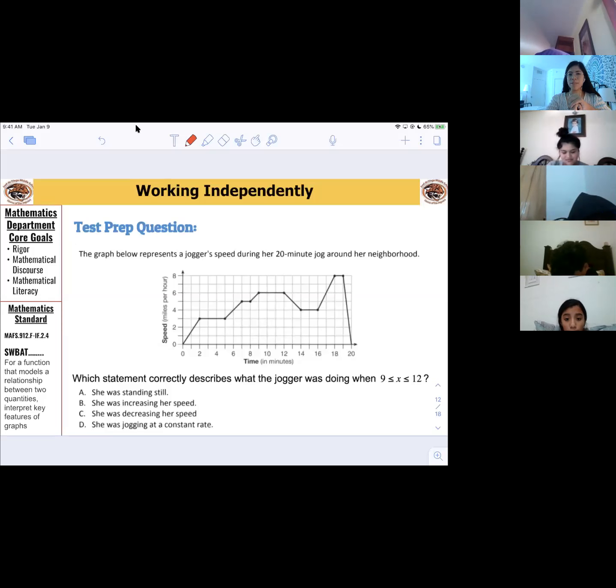Okay, 1 minute left. And right now, y'all, it is completely split between A, B, C, and D. So who's going to win? Which one is it? 45 more seconds. Okay, I have 13 votes out of 18 students. 20 seconds remaining.